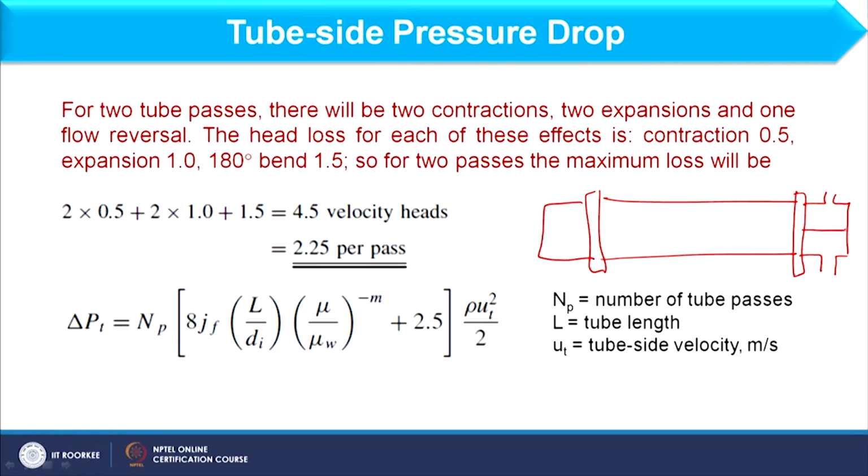right. So, here I am having a pass partition plate, and if the tube is available like this, right, or like this, then what will happen? When fluid is entering into this, it comes across sudden contraction, because here the area is more, here the area is less.